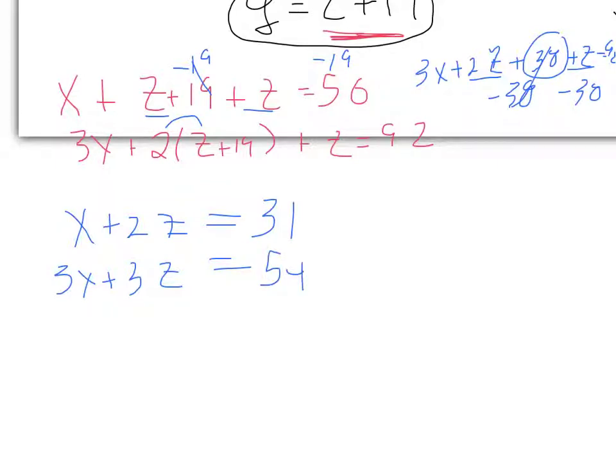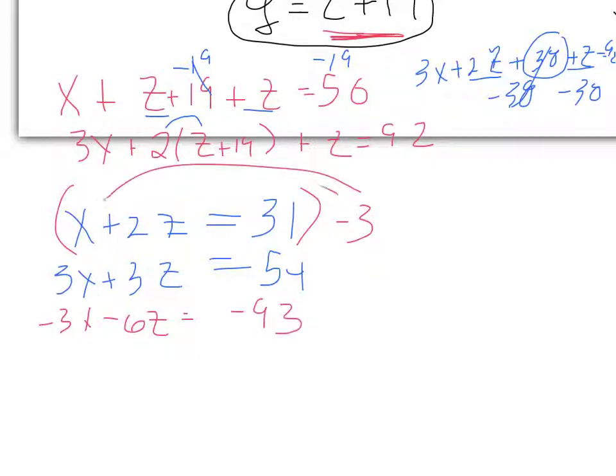So now we're down to a system with 2 variables and 2 equations. Let's eliminate the x's. It seems as easy as anything. So multiply this by negative 3. So negative 3x minus 6z equals negative 93.